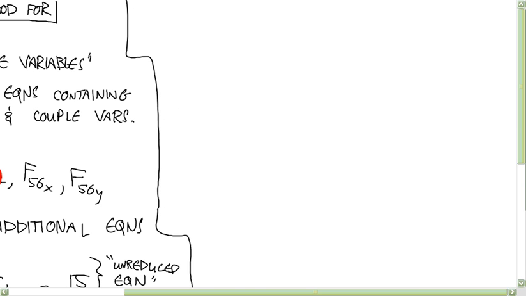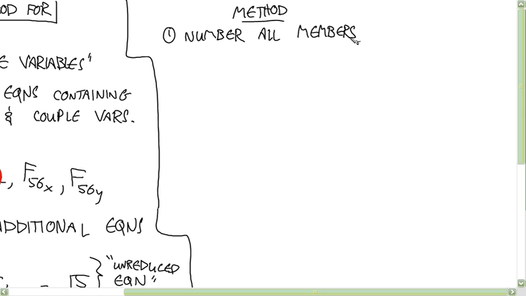Okay, so here's the method, and we're going to use that definition. First, number all bodies, or all members. Second, isolate the whole structure.